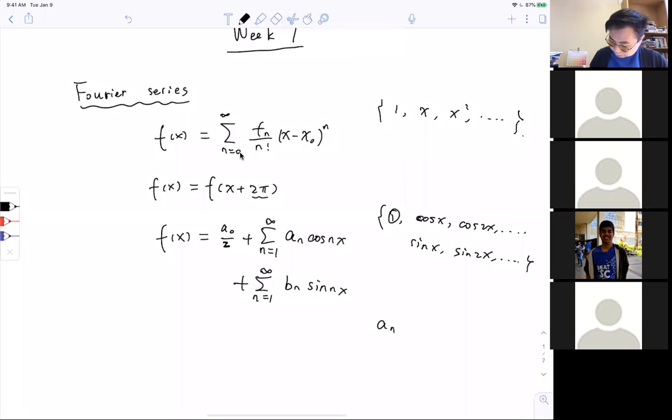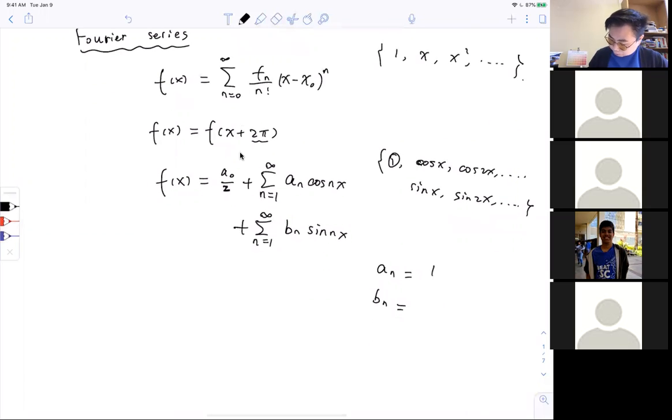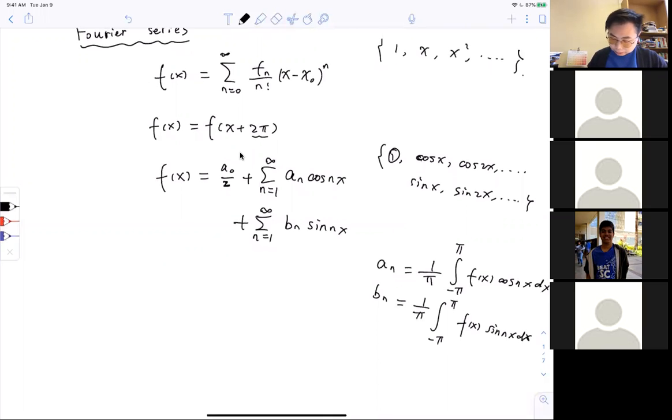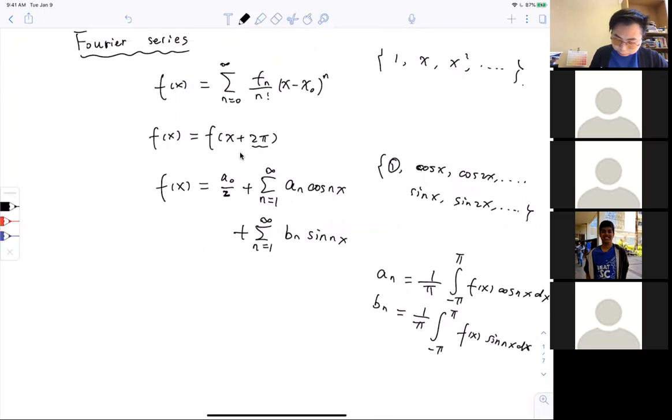And an and bn are determined by some integral, which is, I think, 1 over pi, from minus pi to pi, of f(x) cosine nx dx, and bn is similar. Basically like this.